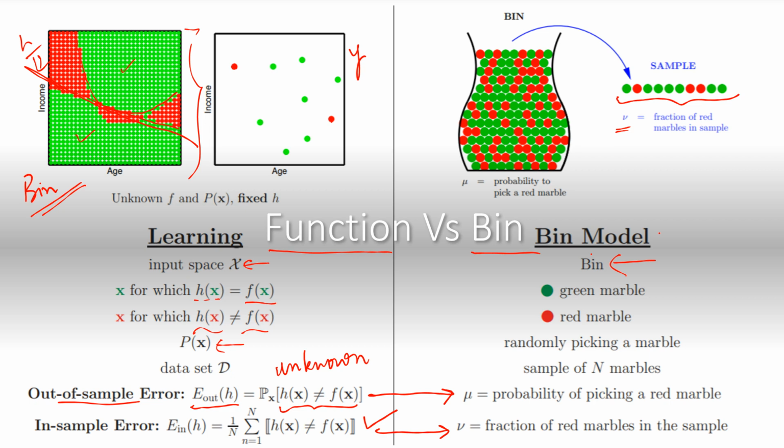Now, if you think about it, this is not really learning, but it is verifying. This is called verification because we are simply testing whether my H is good or bad, right? So what we want to do here is establish the difference between verification and learning and see if all the concepts, all the ideas that we have built until now, still apply to learning.